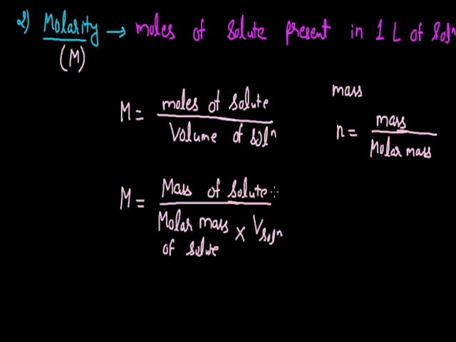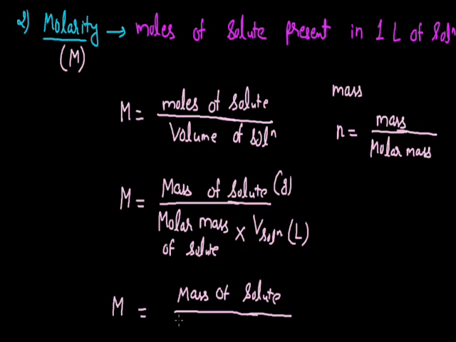Now here the mass of solute is always taken in gram, while the volume of solution is always taken in liter. In case the volume is given in ml, first you need to convert this into liter. Or if we are directly taking the volume in ml, the formula will be mass of solute divided by gram molecular mass or molar mass of solute multiplied by the volume of solution.